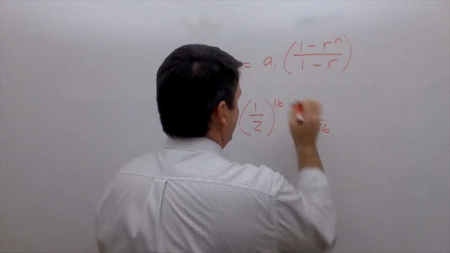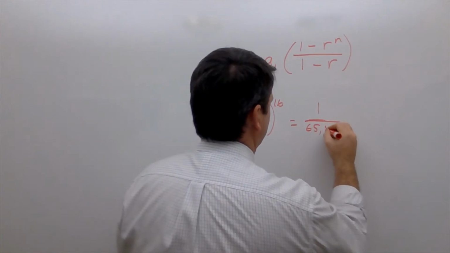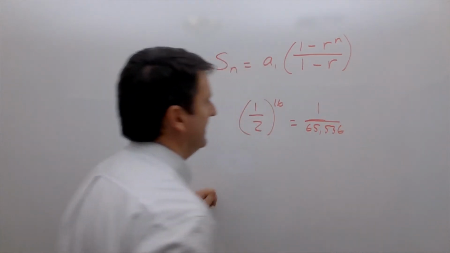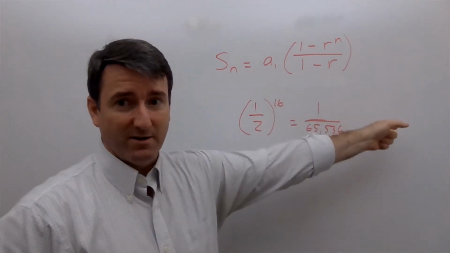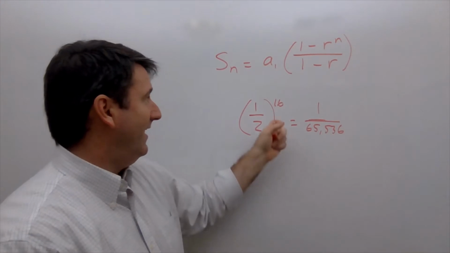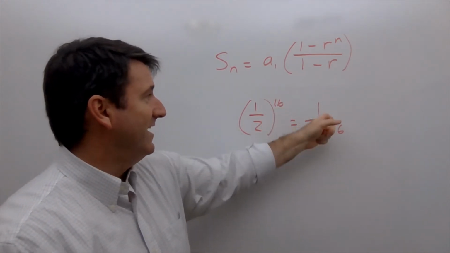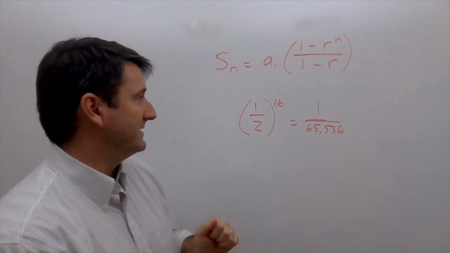1/2 to the 16th power is 1/65,536. So you can see that as this n gets bigger, and we're only to 16 now, we're going off to infinity, but already at 16, we're at this really tiny number, 1/65,536.